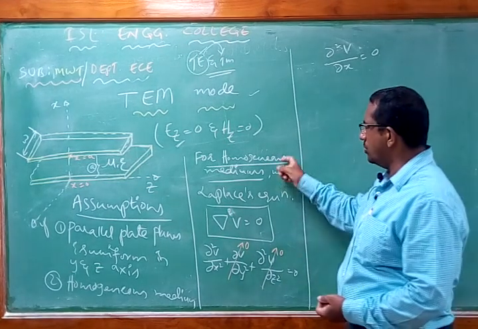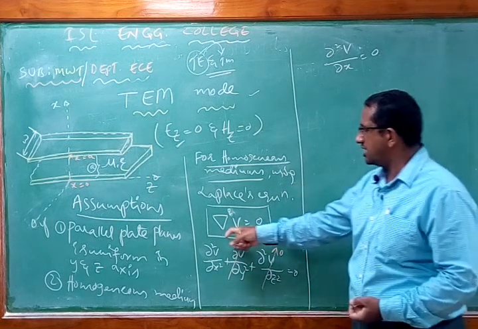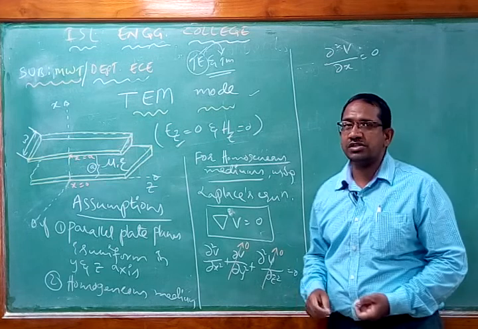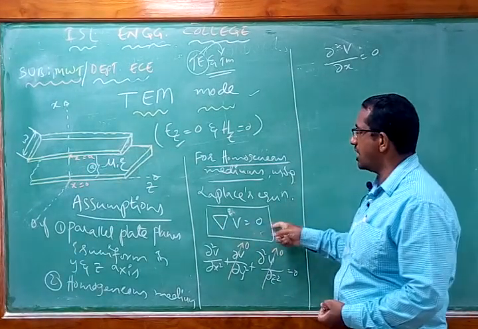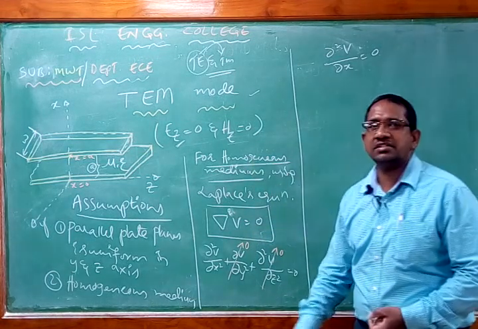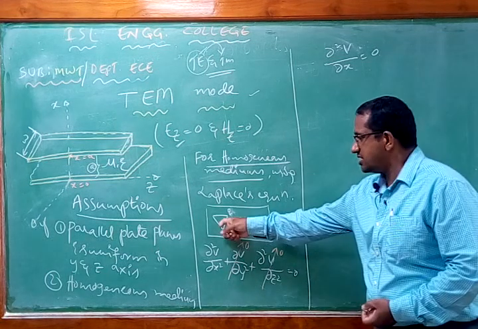Next, for a homogeneous medium, we can write del square V is equal to 0, where V is the potential difference between two points. This is the basic equation which we have from the EMTL subject, so we simply use the existing equations while solving the present equations. Now what is the del square operator?